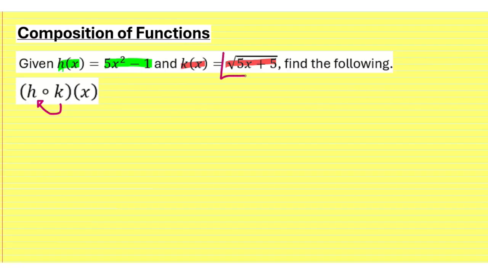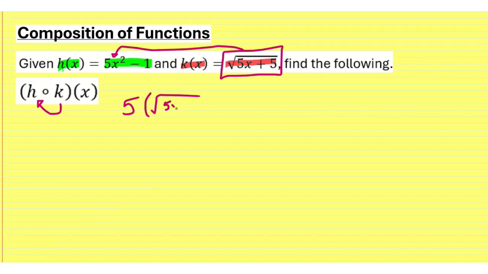So I'm going to take this k function and I'm going to put it inside the h function. Okay, so it's going to be 5, and where the x is, I'll put this entire expression. So it's square root of 5x plus 5, and then that's going to be squared, and then minus 1.